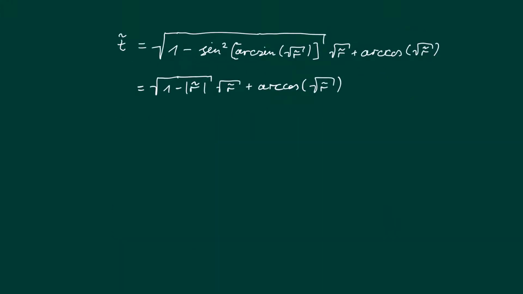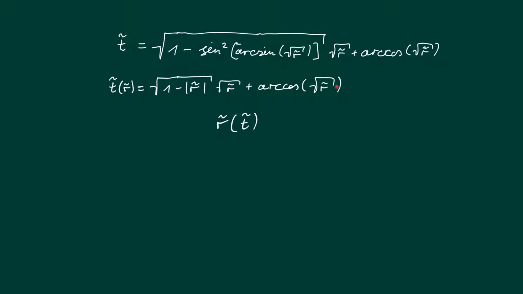So this is our final expression for the formula which tells you, given a certain distance r tilde, which time passed, which time t tilde. But what we need for a simulation would be to see the dependence of the distance on the time.